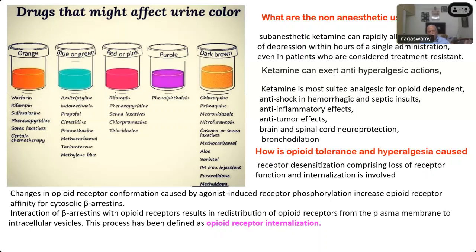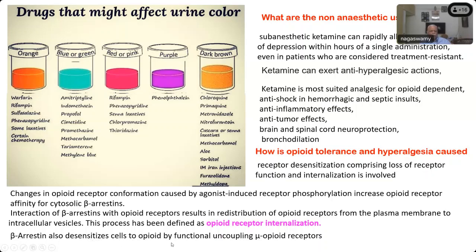Later on, the whole membrane receptor is brought inside the cytosol into vesicles, called opioid receptor internalization. So beta-arrestin is the component which desensitizes the cell to opioid by functional uncoupling of opioid receptors.